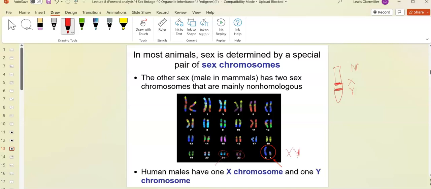So, I actually got that backwards, so let me erase this. We would expect the Y to be at the top and the X at the bottom.